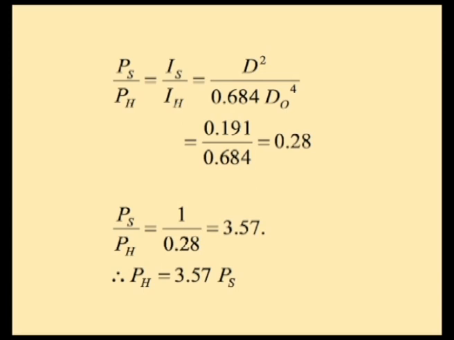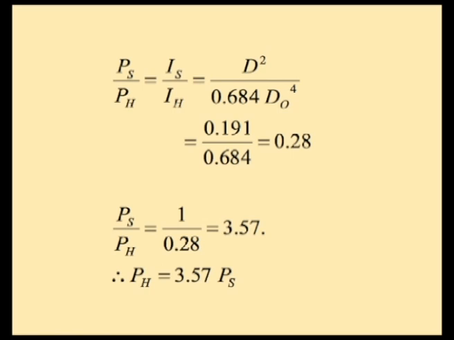So, if you substitute the value of d power 4 by d naught power 4 here, you will get the ratio P s by P h. So, P h is equal to 3.57 times P s, that is what we have arrived at based on the comparison of the solid and hollow steel columns.